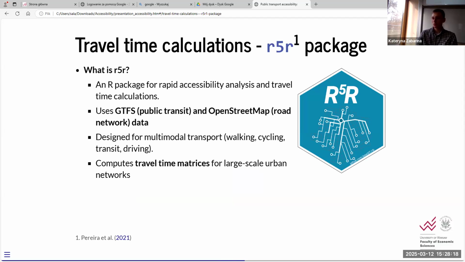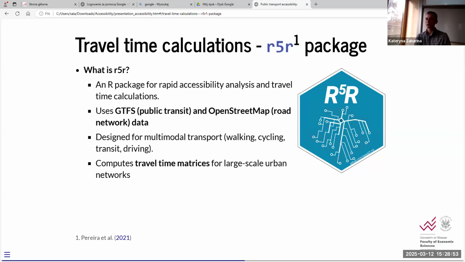And how does it work? It uses GTFS. GTFS stands for General Transit Feed Specification. It is a widely used format for transportation data, and all major providers of public transport across the globe share their transportation data in this format.